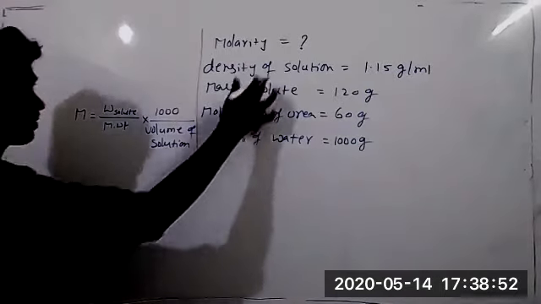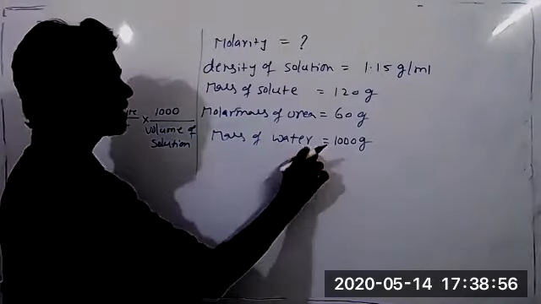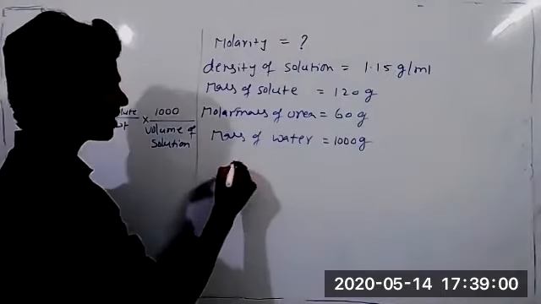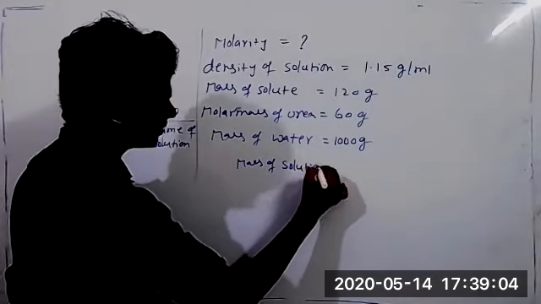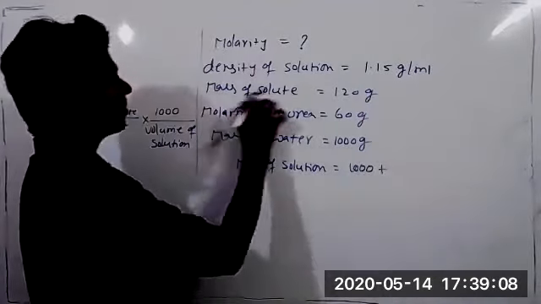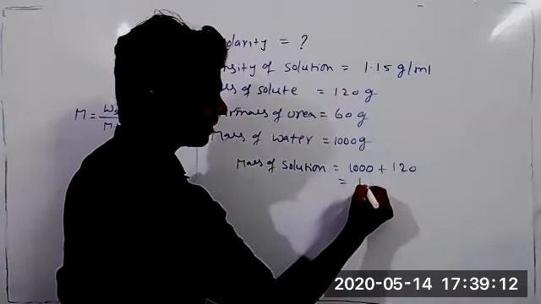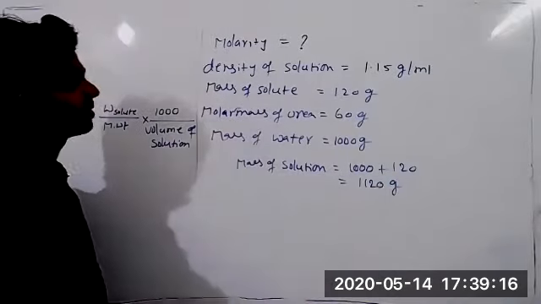But here the volume of solution is not given. We have to calculate the volume of solution. Mass of water and mass of solute together gives the mass of solution. Mass of solution is equal to mass of water, 1000 grams, plus mass of solute, 120 grams. The value is 1120 grams.